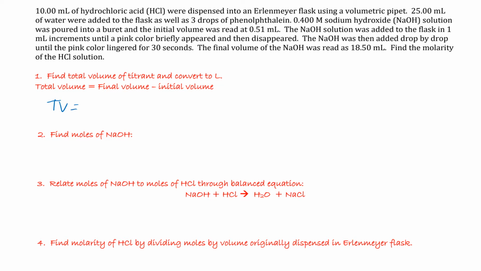Your final volume was 18.50 milliliters minus 0.51 milliliters, so your total volume is 17.99 milliliters. Convert this to liters. You should know how to do that by multiplying by 1 liter over 1,000 milliliters, or by dividing by 1,000.